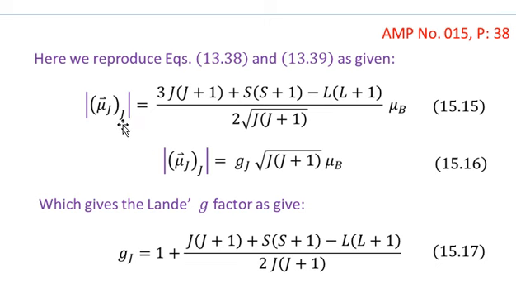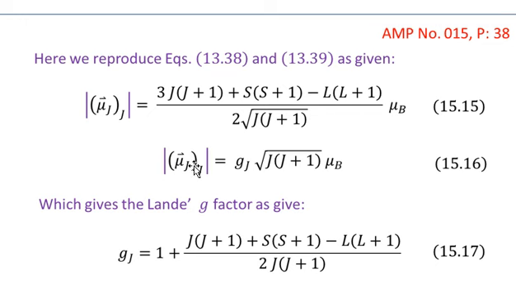This is the magnitude of the jth projection of mu J, which is given as 3 into j into j plus 1 plus s into s plus 1 minus l into l plus 1, divided by 2 times the square root of j into j plus 1, and this whole term is multiplied by mu B, where mu B is the Bohr magneton. Then the same relationship in a different form is given in equation number 16, where the magnitude of the jth component of mu J is equal to g_J into the square root of j into j plus 1, multiplied by mu B.